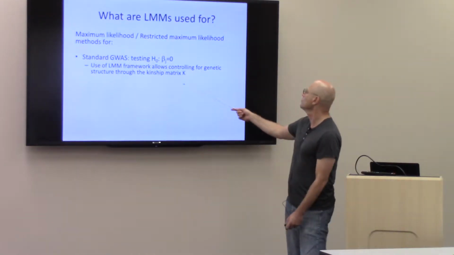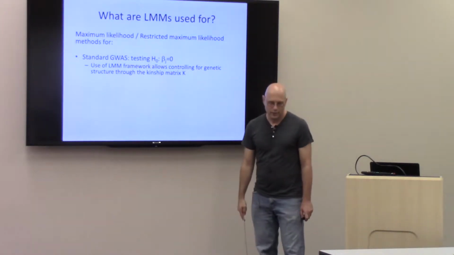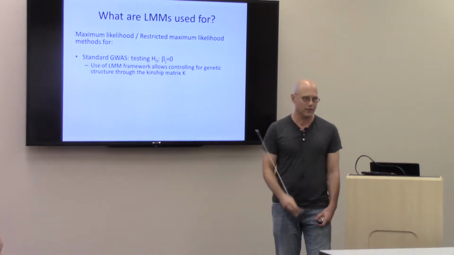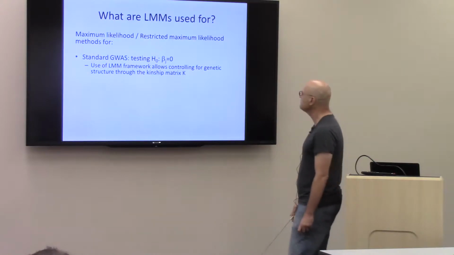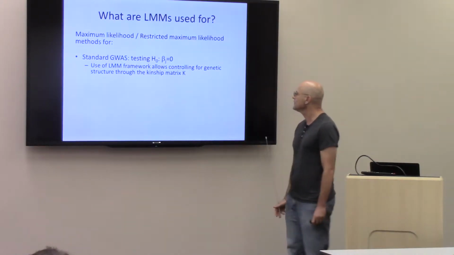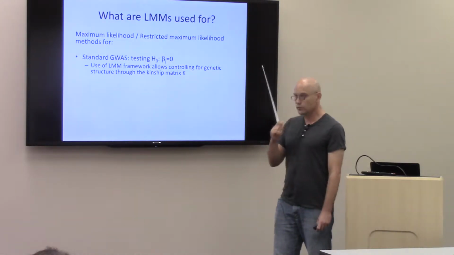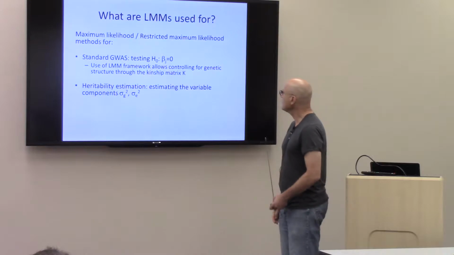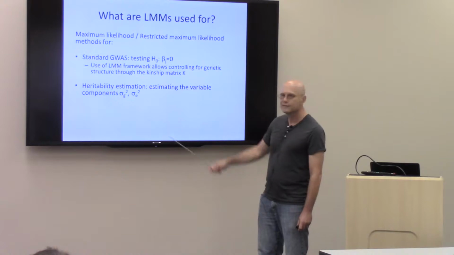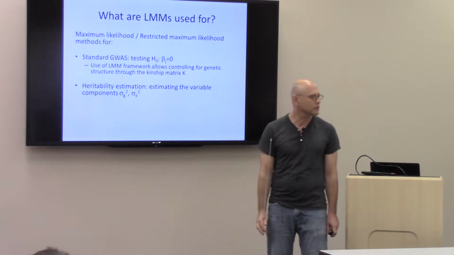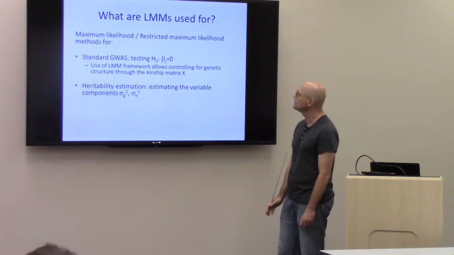The first thing we want to do is test whether there is an association between each one of the fixed effects and the response, and we may add SNPs to the fixed effects to test those SNPs specifically. What the LMM allows us to do is control for the genetic structure and the genetic correlation through the kinship matrix K. The other thing we've heard a lot about is heritability estimation, which is basically estimating the variance components of our mixed model, sigma squared G and sigma squared E. Heritability is sigma squared G over the sum of sigma squared G and sigma squared E.